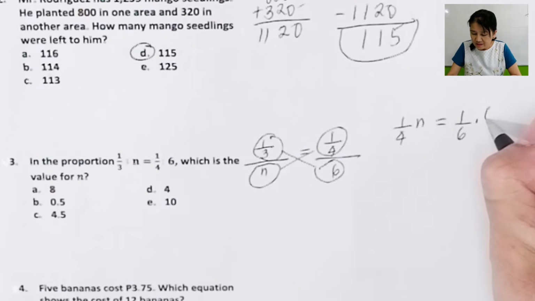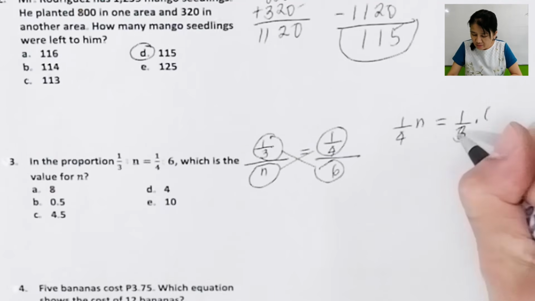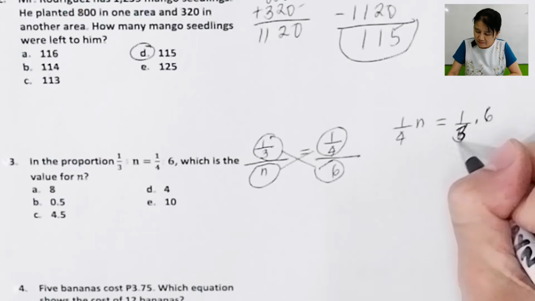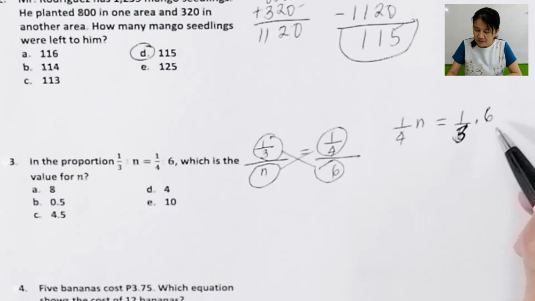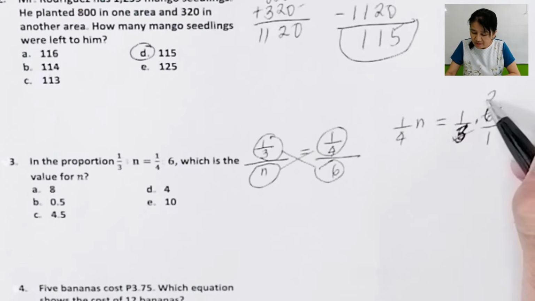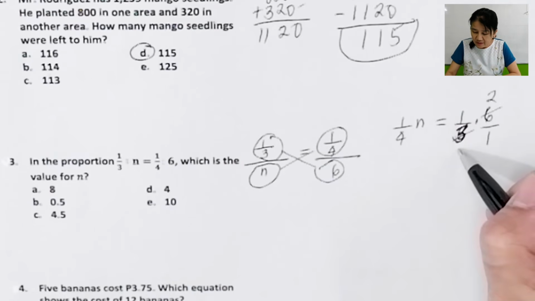1/3 times 6. As you can see, you can simplify this. 6 divided by 3, because 6 is understood to be 6 over 1. 6 divided by 3 is 2. 3 divided by 3 is 1.